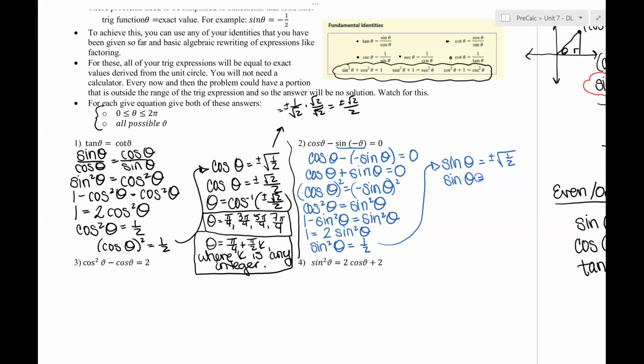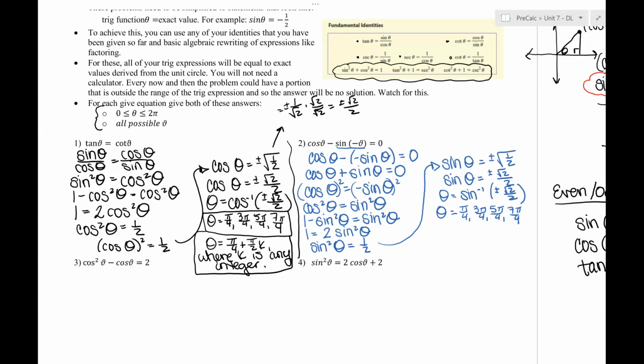So sine of theta is equal to plus and minus rad 2 over 2. We're looking for theta, so we're going to have to apply that inverse. So inverse sine of plus and minus rad 2 over 2. So then if we were to solve for plus and minus, we get the same as what we did for the first one. But let me ask you this.